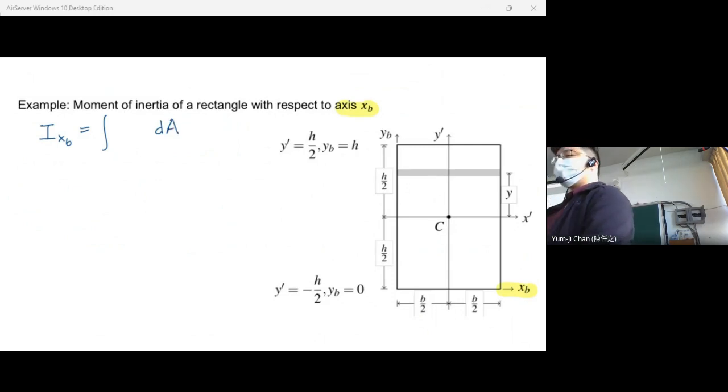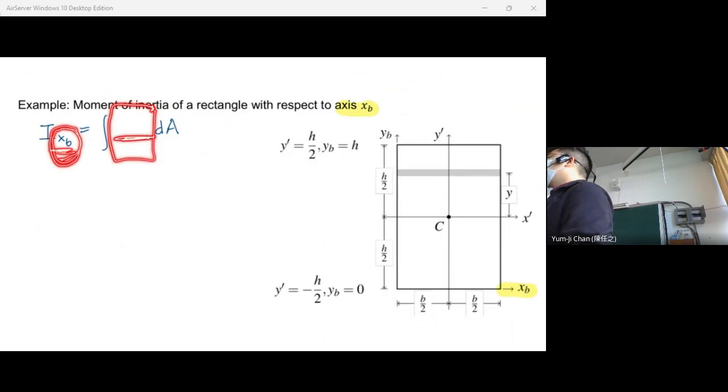So for reference axis xb, what do we need to fill here? If we write x here, we should write x or y. Y, okay? Good.